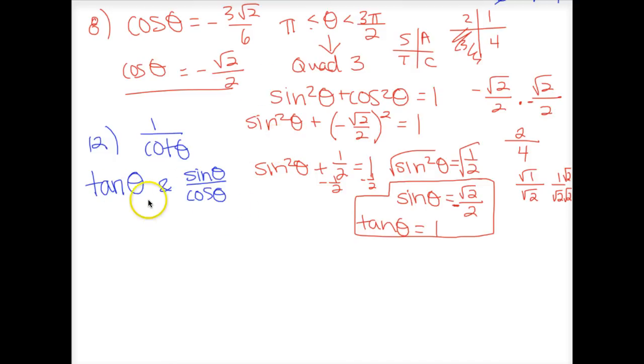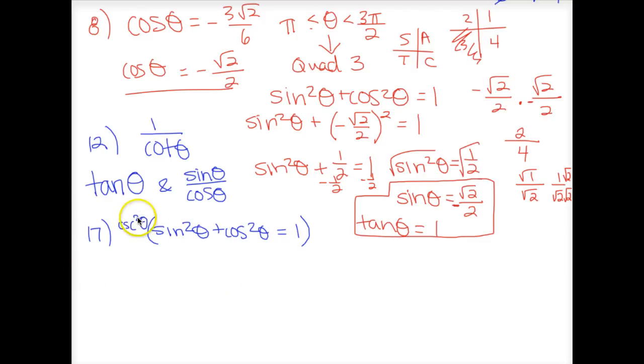So tangent of theta and sine of theta over cosine theta are the 2 other ways to write 1 over cotangent. Last one is 17, where it tells you to take sine squared theta plus cosine squared theta equals 1, and to multiply it by the cosecant squared theta.